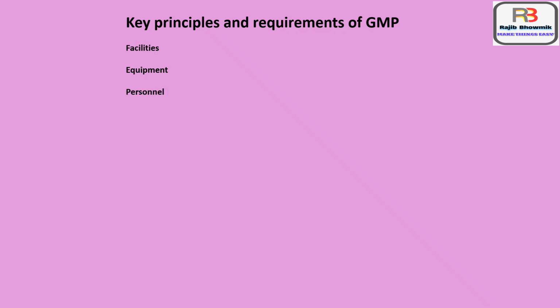Personnel. Staff must be qualified and receive regular training on their roles and responsibilities to ensure they can perform their jobs correctly. Processes. Manufacturing processes must be validated through testing to ensure they consistently produce the desired outcome.